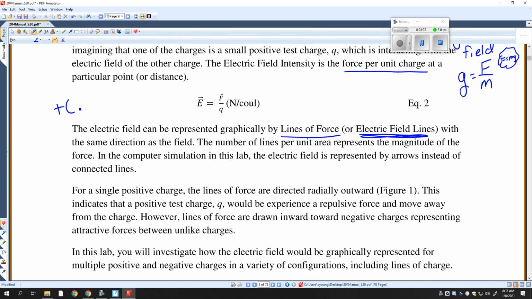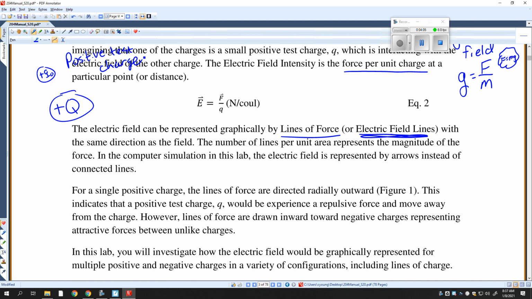So let's say that I have a positive charge. The way that I determine the electric field is I'm going to take an imaginary charge that's positive. So this is my imaginary positive test charge. A positive test charge. And it'll become really important in the lecture as we think about electric fields and mapping out electric fields.